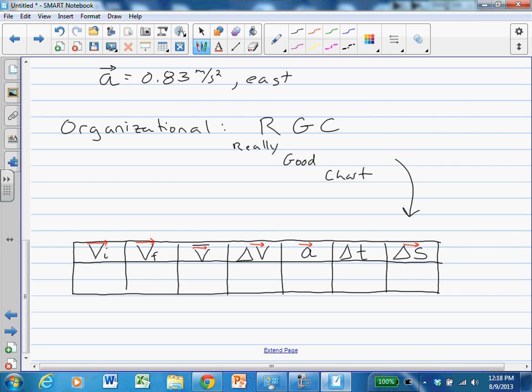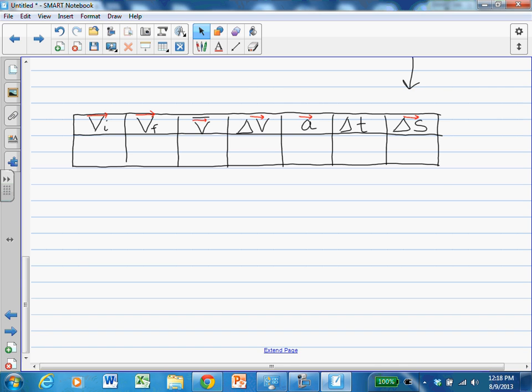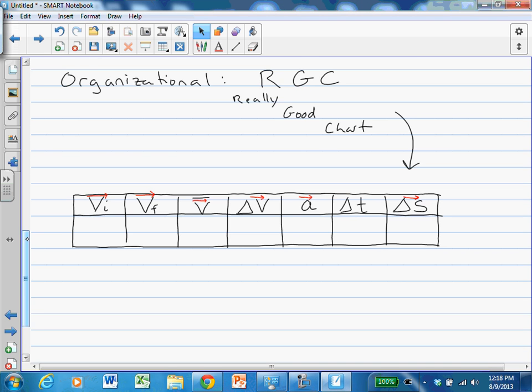The red on it is symbolizing the vector quantities, but for one-dimensional motion, our vector quantities are going to be either plus or minus. So that's not going to be a big deal for finding these values, and we'll use our straight-up math problems for it. So this will help us organize our information. That brings us to the end of 2.1.